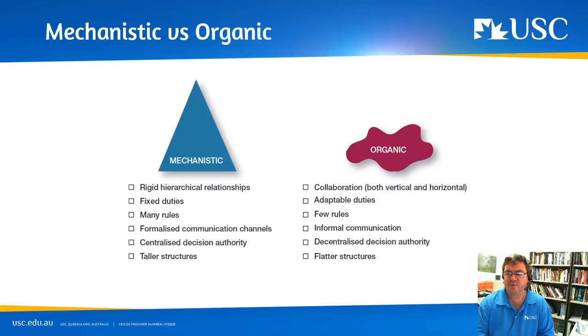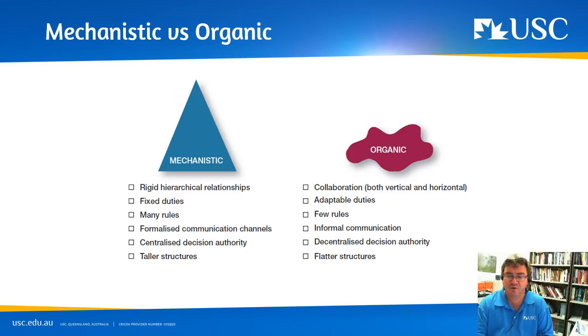So collaboration, both vertical and horizontal. I'd be expected to be able to talk to the HR people, even if I maybe haven't spoken to my marketing manager already about those issues. The duties are adaptable because I'm expected to fill in and fit in and help out maybe with other areas of the organisation. I'd have a lot more scope for doing different jobs inside the organisation.